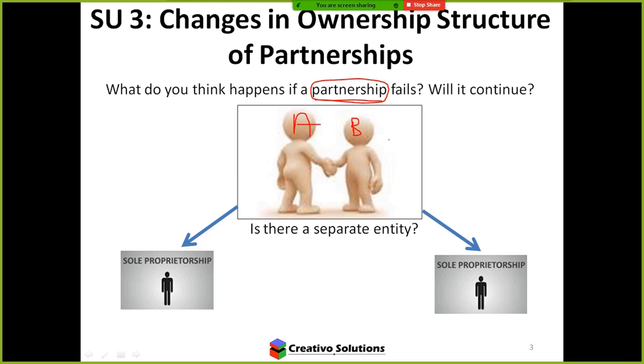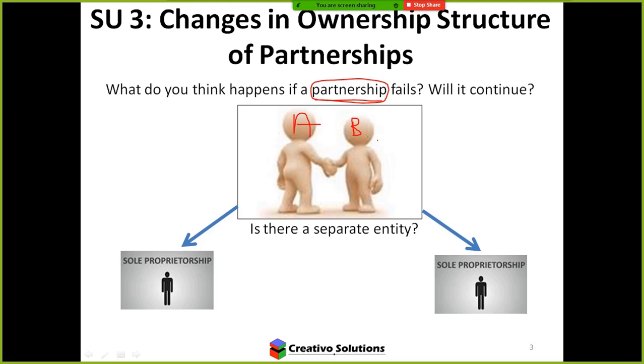Okay, you're thinking of it in a very literal sense, but from an accounting point of view, can a partnership continue if a partner leaves? Are you talking about maybe somebody dies? Yes, if somebody dies, that's even the worst case scenario. If they died, then what would happen? It will fail. It has to stop.